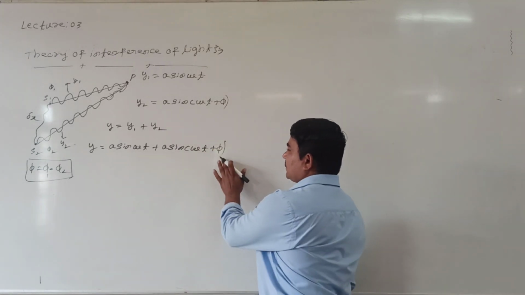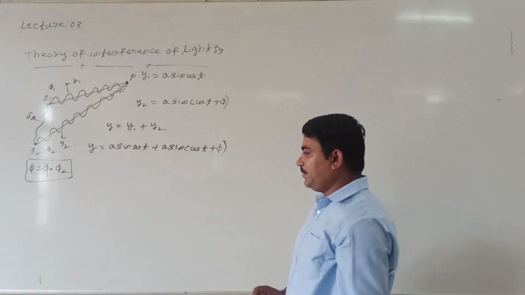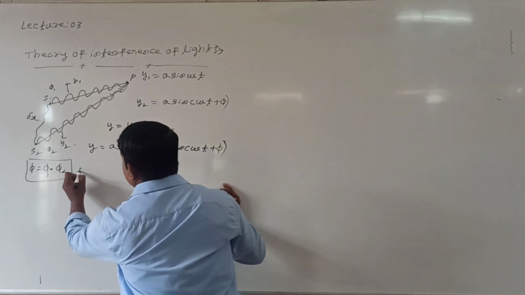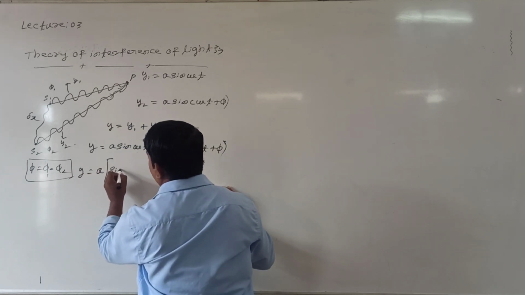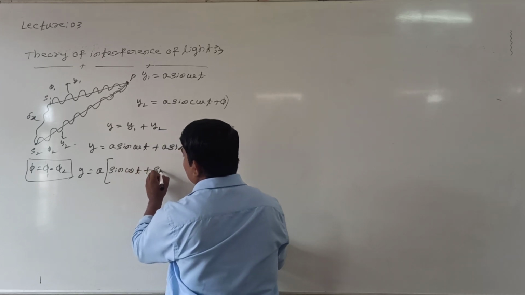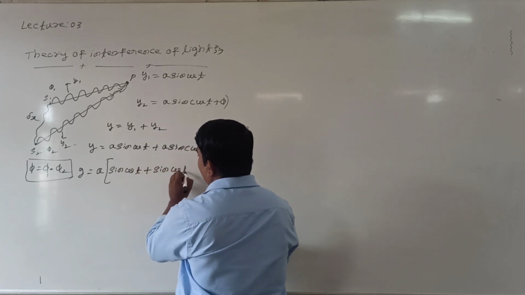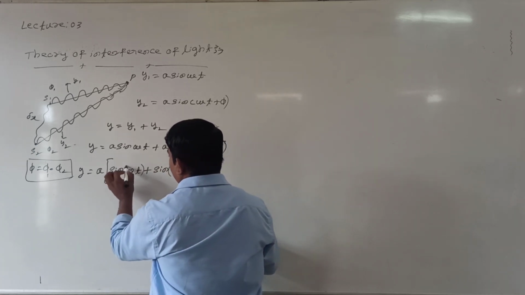Then what is common here? A is common because both have the same amplitude. Then look at me: y is equal to a into bracket sine omega t plus sine omega t plus phi.